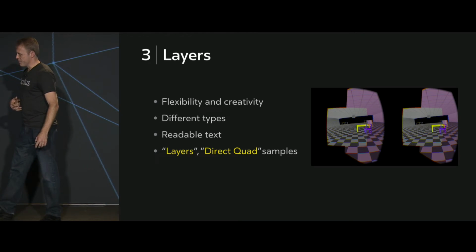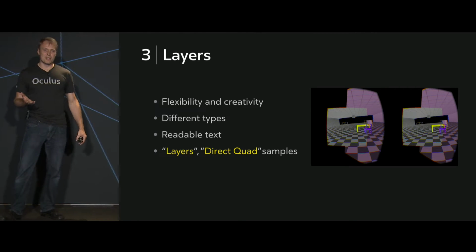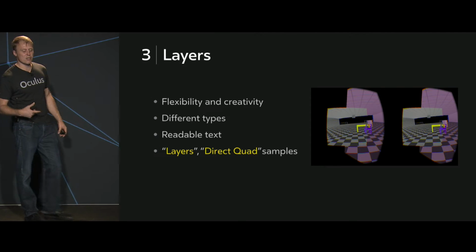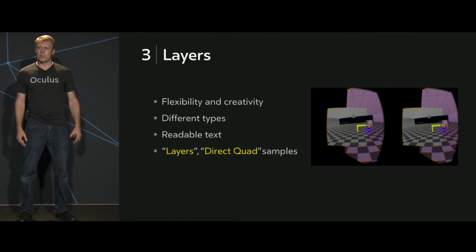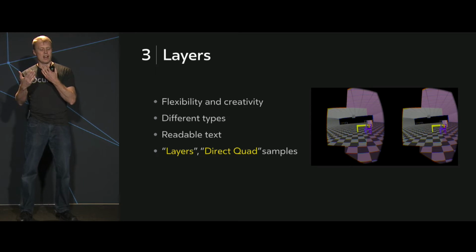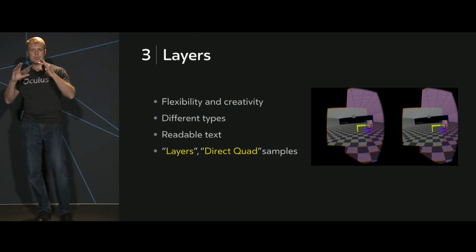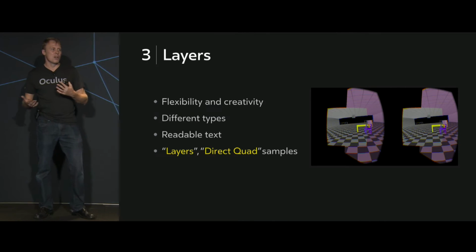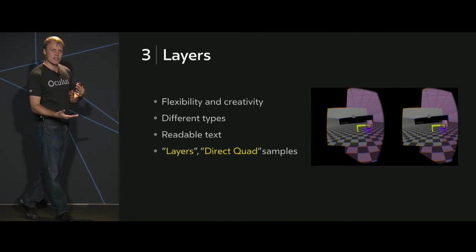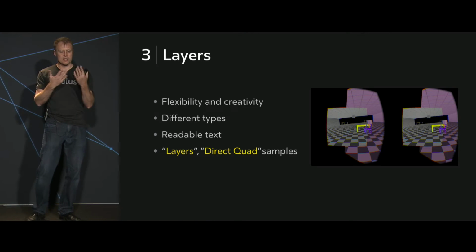Layers is one of my favourite parts of the SDK, in that it provides a lot of flexibility and creativity for developers to use. What we do is we provide these layers of VR whereby you can choose different areas of the screen where you might have more resolution, or parts of the screen might go at different frame rates. Very flexible, and you can combine these layers.